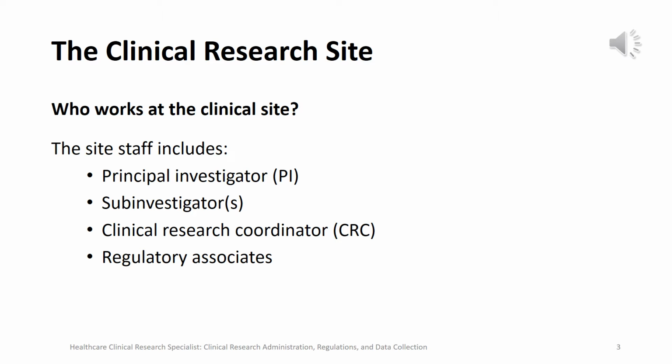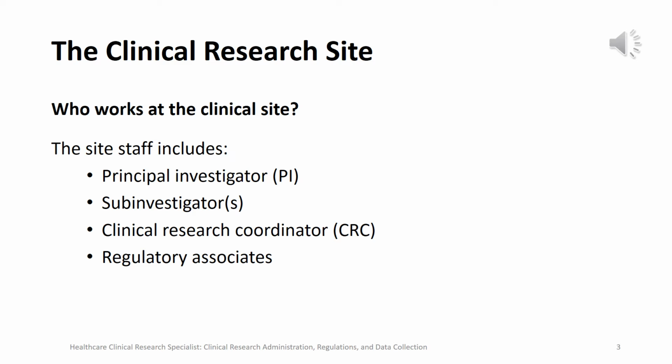That's going to be the individual that conducts the trial at that site, that is responsible for everything that occurs at that site during the clinical trial and afterward. So the PI in almost every case is going to be a physician licensed in that state to deliver care, and also has the necessary training to conduct a clinical trial.